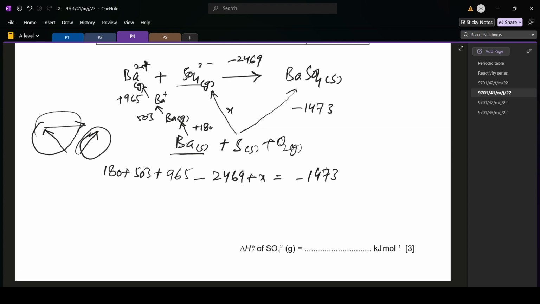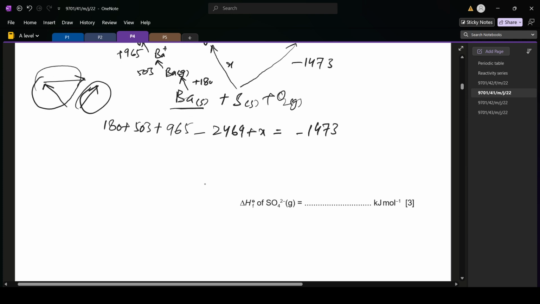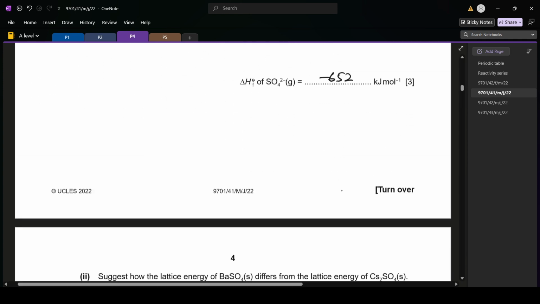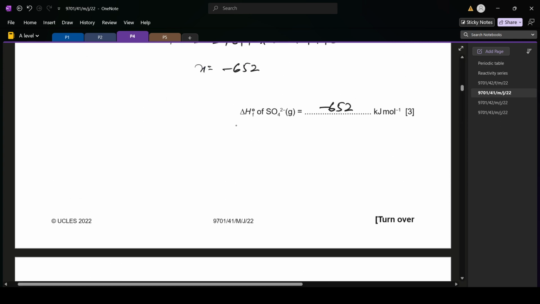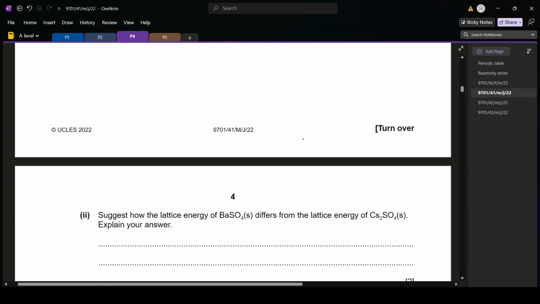From here you will calculate the value of x, and x is going to be negative 652. So this is your answer, the enthalpy change of formation of sulfate ion.